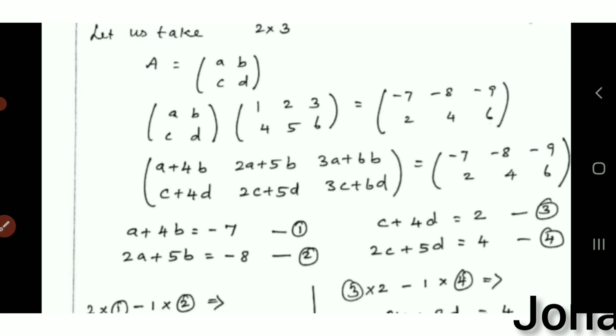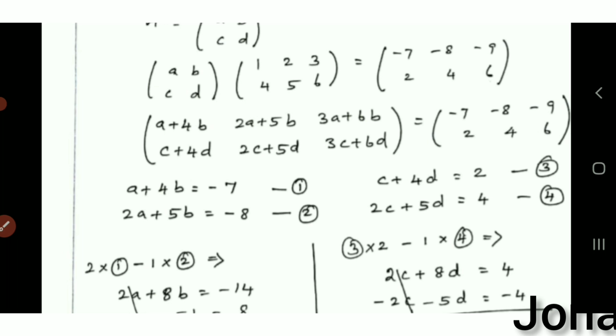So A, B, C, D into 1, 2, 3, 4, 5, 6 equal to minus 7, minus 8, minus 9, 2, 4, 6. In the left hand side we can multiply by using matrix multiplication. First row, first column. That means A into 1 is A, B into 4 is 4B. And then we multiply first row, second column, and then first row, third column.